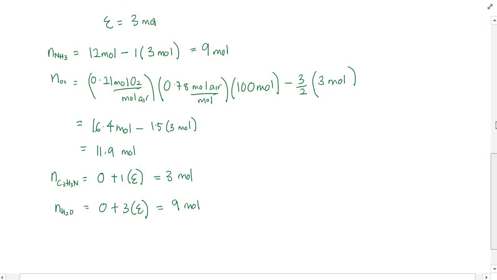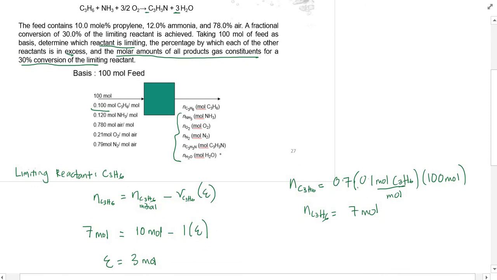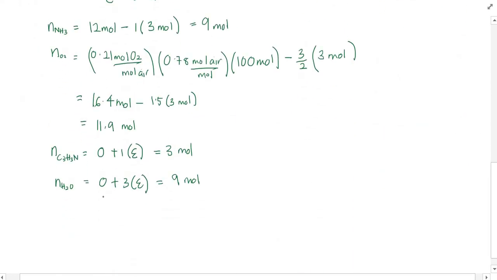Last one is nitrogen, N2. You have to keep in mind that nitrogen is an inert gas, so it does not get involved in the reaction. So you don't have the E here. The number of moles of nitrogen at the output must equal the number of moles of nitrogen at your input.